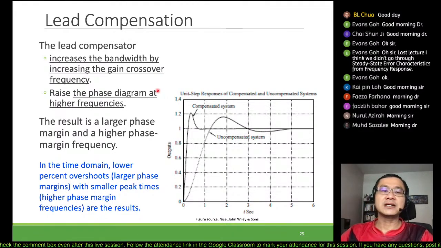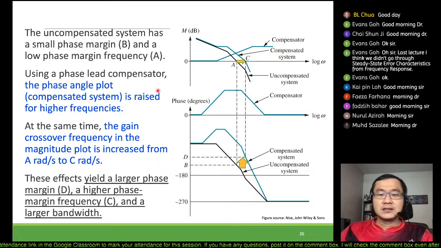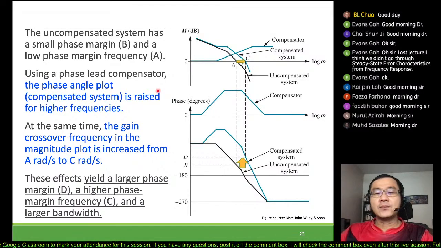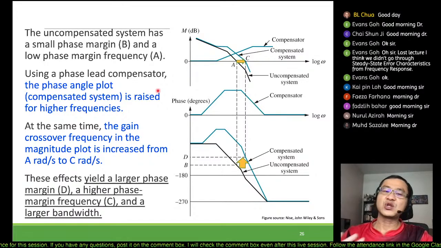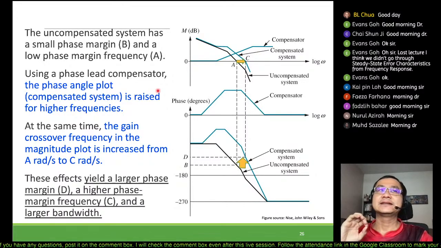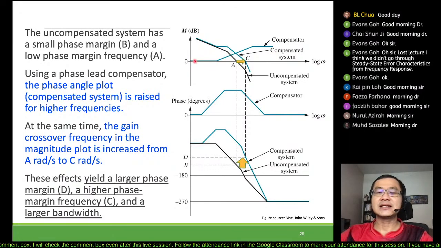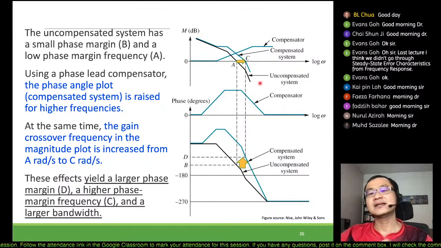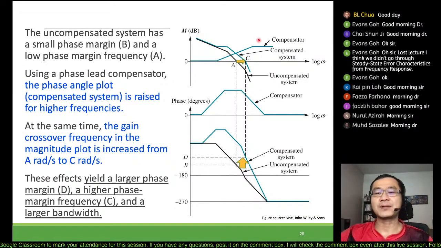When we use these lead compensations, how the lead compensator works is actually the reverse of the lag compensator. Previously in the lag compensator you have 0 dB, then minus 20. In this lead compensator it is in the opposite direction, which is the plus.